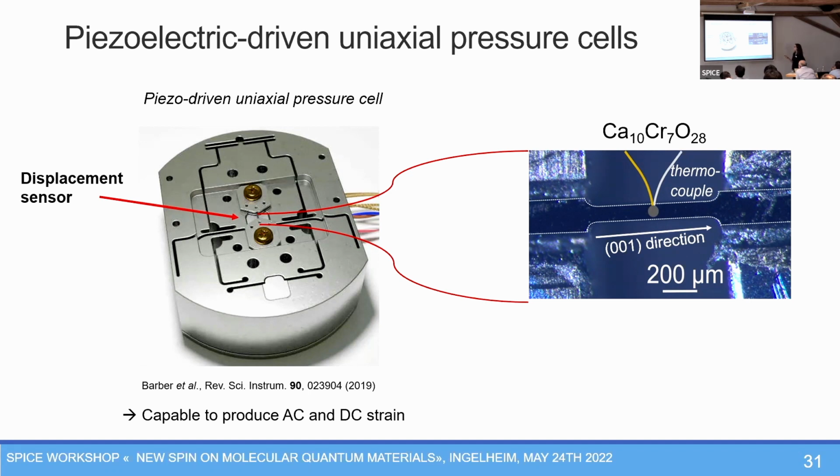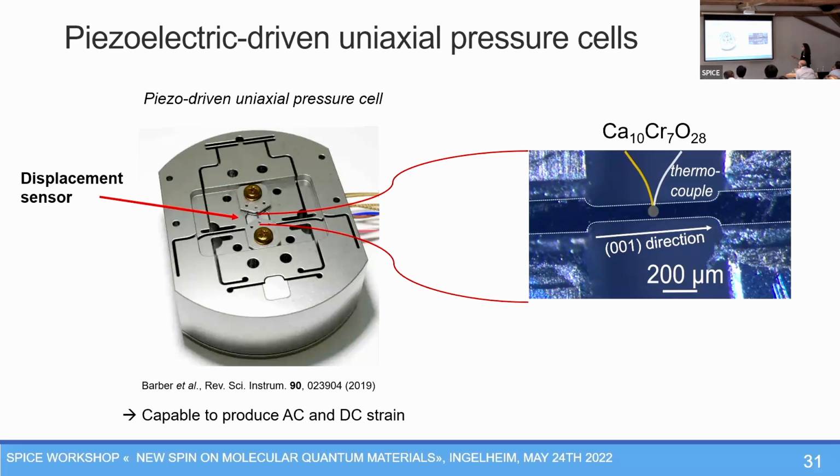So what they do is, you mount your sample here, you have a displacement sensor here at the bottom, and then underneath you have piezoelectric stacks. With these piezoelectric stacks, you apply a voltage, and therefore you get strain. Now you can apply a DC voltage, which gives you a DC strain, but you can also apply an AC voltage, and this gives you exactly the AC strain that is needed to measure the elastocaloric effect.